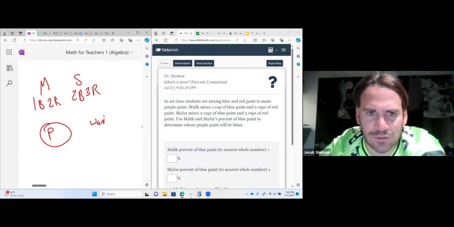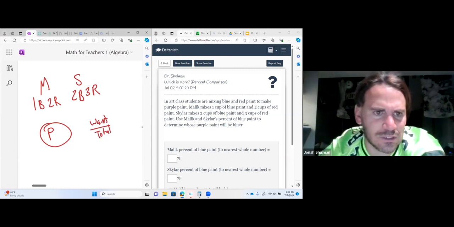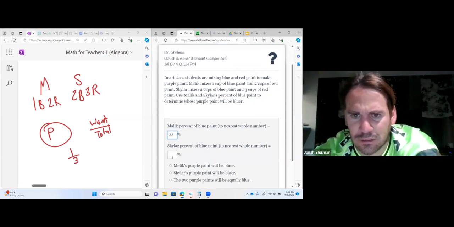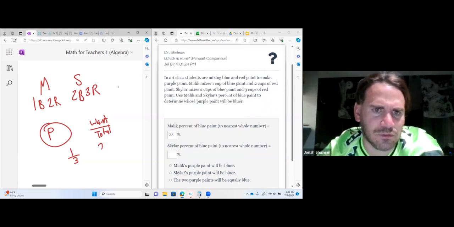So remember, it's what we want over the total. So what is Malik? Malik is 1 blue over 3. So we're gonna go with 33% for our boy Malik. And Skylar is blue, 2 out of 5.